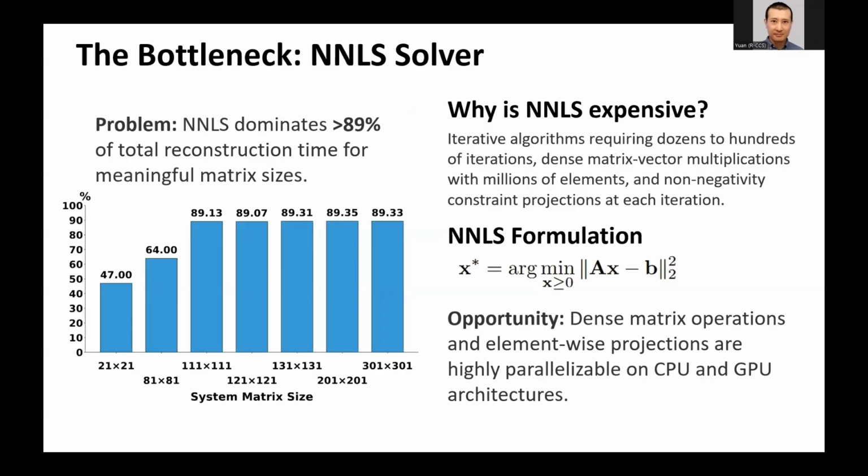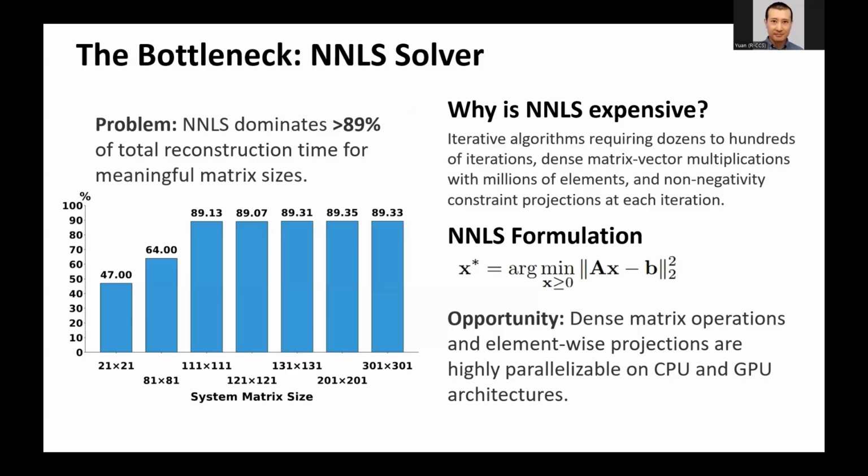It requires iterative algorithms with dozens to hundreds of iterations. It uses dense matrix vector multiplications with millions of elements, and it has non-negativity constraint projections at each iteration. The NNLS formulation is also shown here, minimizing the squared error of AX minus B subject to the constraint that X must be non-negative.